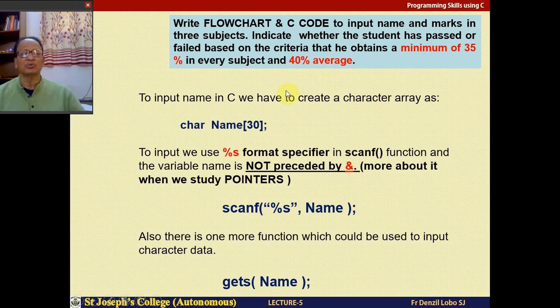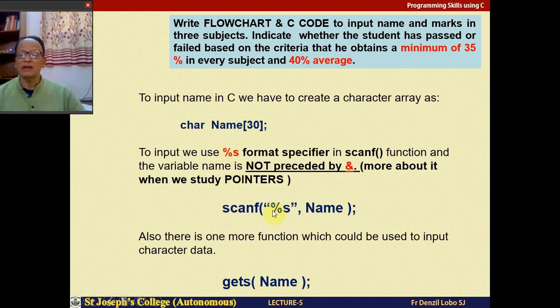In flowchart, of course, pseudocode, we just write name. In C, I have to give the type of name as character, alphanumeric data, name and square brackets 30. It is an array. We will deal with that later. At the moment, we take it for granted. Any character array for names, etc. To store that, I have to use this variable, and within brackets, I have to put 30 or 25, whatever it is.